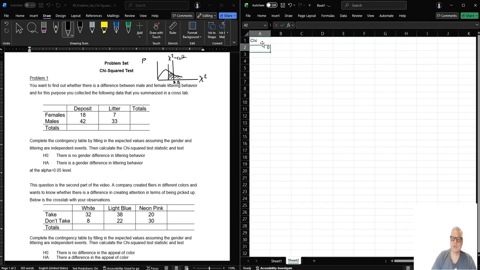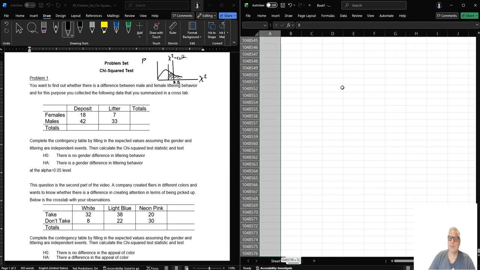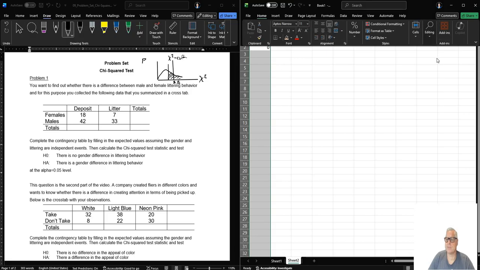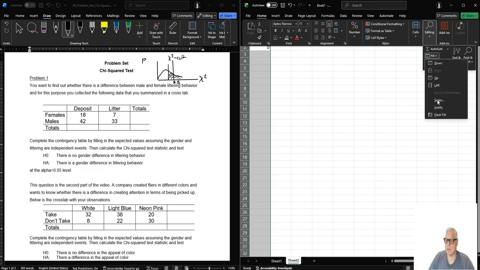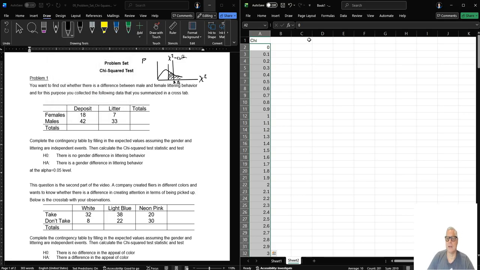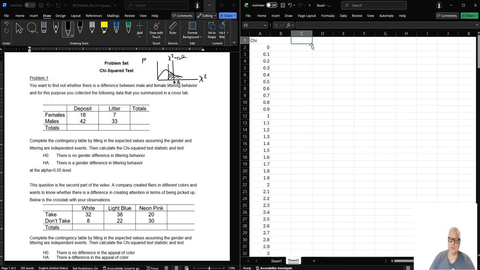I start at 0 and I'll just create a column that has a step value of, let's say, 0.1 and ends at 20. And then I'll make the degrees of freedom a variable, but here we have currently 1.